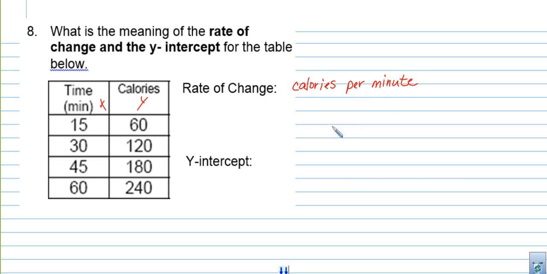And you could have calculated it. It's 60 over 15. So that'd be 4 calories per minute. So you could say anything like it increases 4 calories per minute, it increases 60 calories over 15 minutes, anything to that effect.